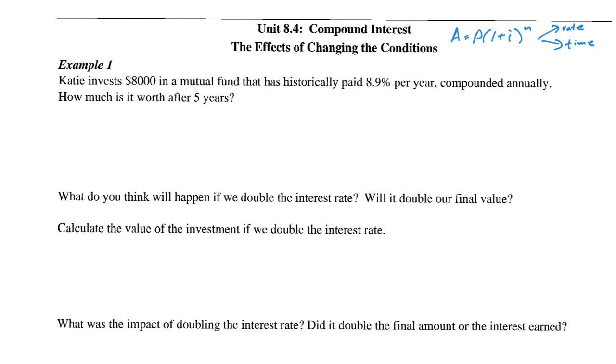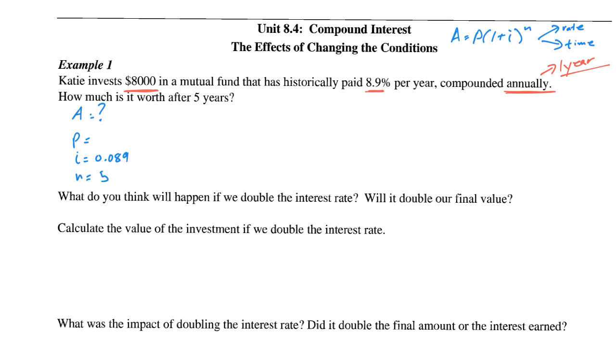So let's take a look at this first problem here. This problem says Kate invests $8,000. Okay, I'm going to underline all the important stuff in red. She invests $8,000, and it's 8.9% compounded annually. So when you hear the word annually, the number that we're multiplying by is 1, which is just 1 year.